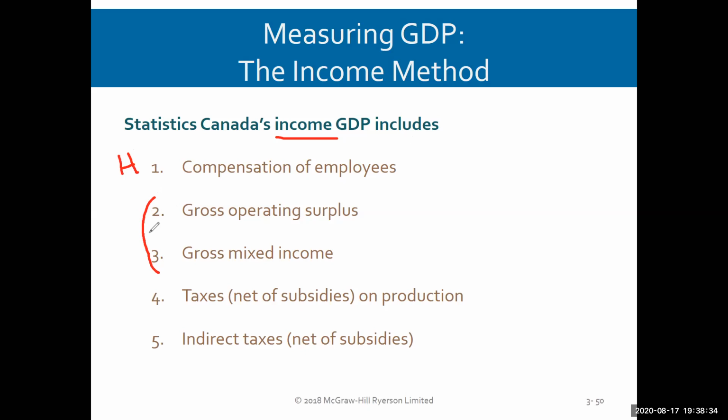So we can put down here the big letter B. And if you read in the text, you can split this apart a little bit. Gross operating surplus is gross profit before depreciation and profit tax. And gross mixed income is non-incorporated income before depreciation and tax. But just go through the text to get the details that you want. These broad categories are what's more important here.